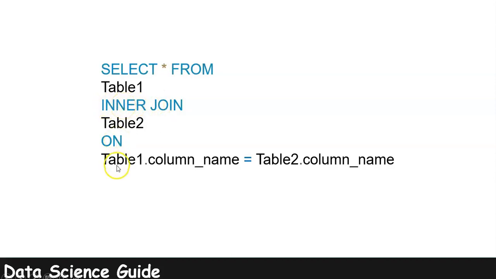On table 1 dot column name from the first table equal table 2 dot the column name from the second table. These two columns should be the same, should be matched.